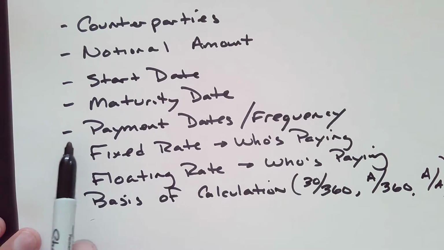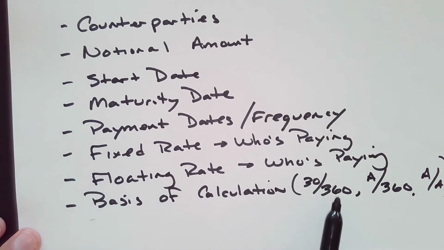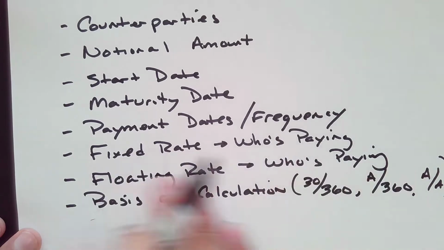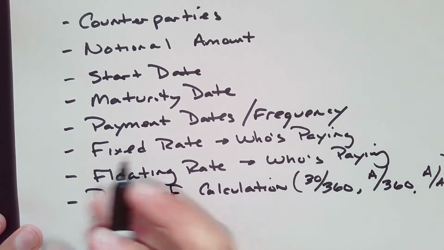So we need to know the frequency, and then the basis of calculation: if it's every quarter, is it based on the actual number of days that have gone on over 360, or is it just simply the number of months? So we're really just taking this and determining it's 1/12. So you have to know what your basis of calculation is.